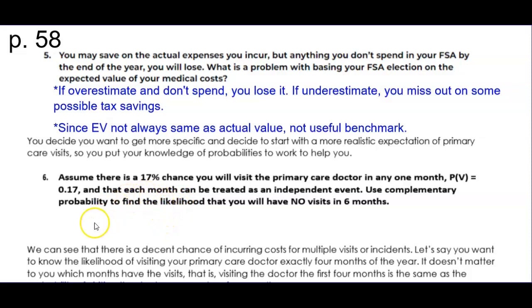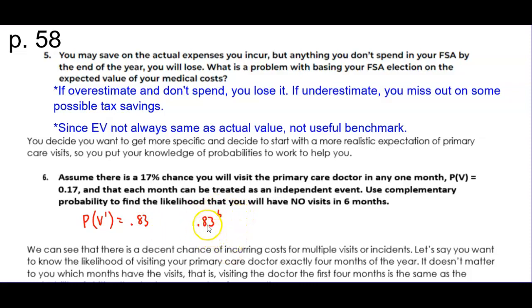All right, so the way we're going to do this, complementary means not going. So probability of a visit is 17%. Probability of no visit is 83%. Okay, all I'm doing is 1 minus 0.17 there. So if I have an 83% chance every month of avoiding the doctor, I could multiply 83% times itself 6 times, or I can just use an exponent.